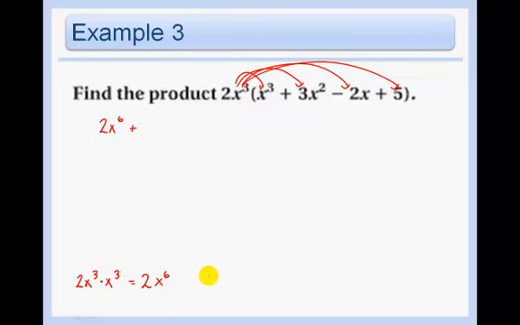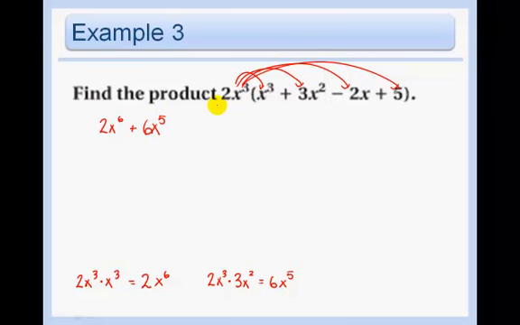Now we have 2x cubed times 3x squared. Do the number part first. We get 6. X cubed times x squared, same basis, so you add the exponents. Next part.